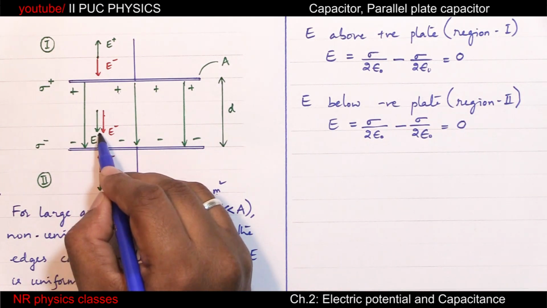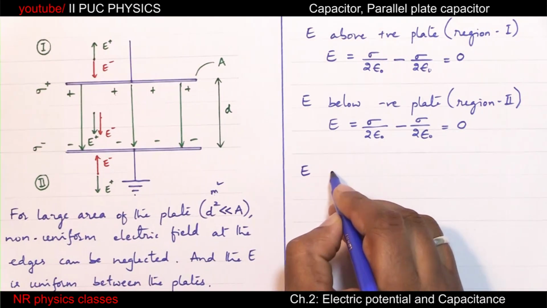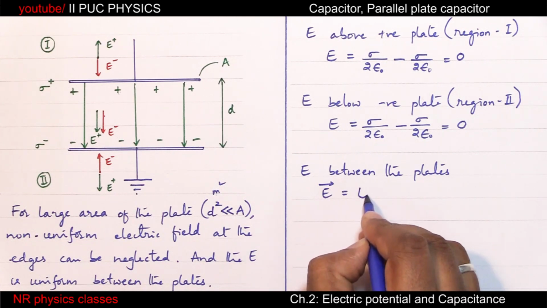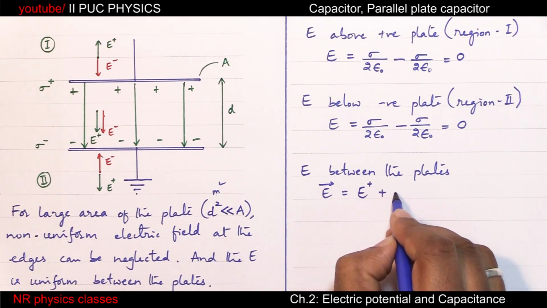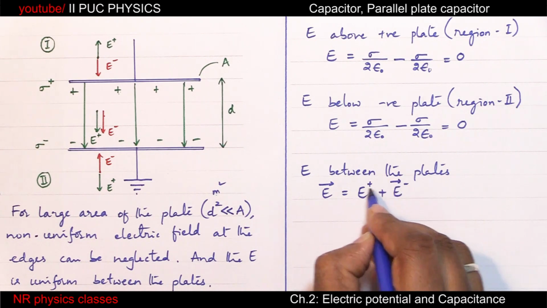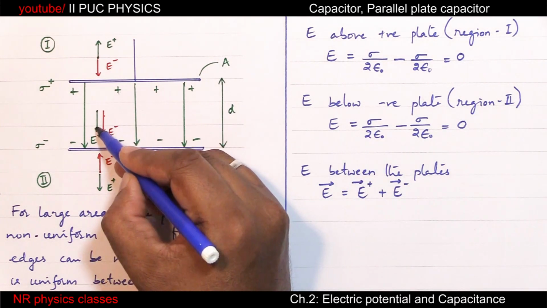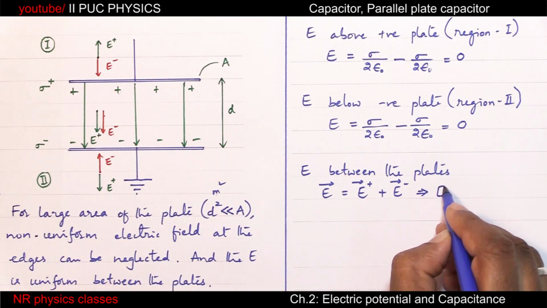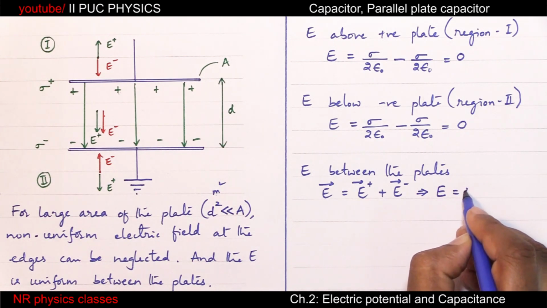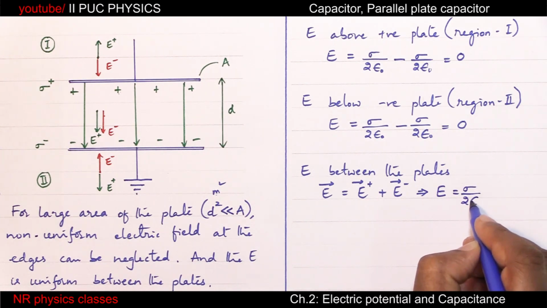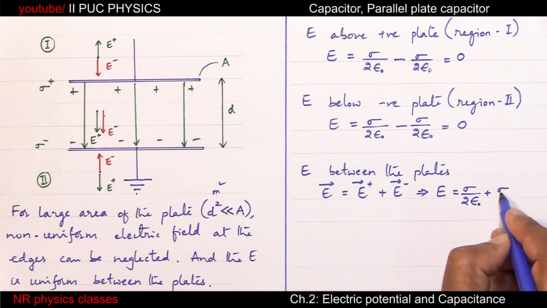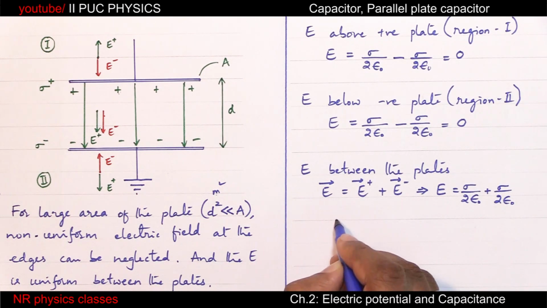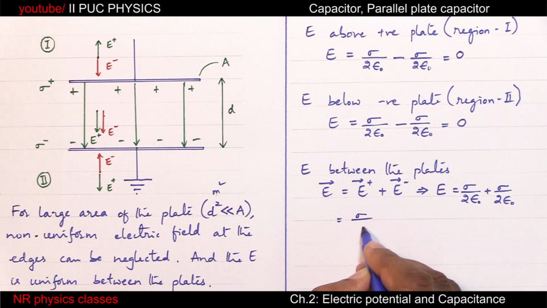Now, the resultant field between the plates. E equals electric field due to positive charge plus electric field due to negative charge. Since these two electric fields are in the same direction, the magnitude of the resultant electric field is sigma by 2 epsilon naught plus sigma by 2 epsilon naught, equal to sigma by epsilon naught.